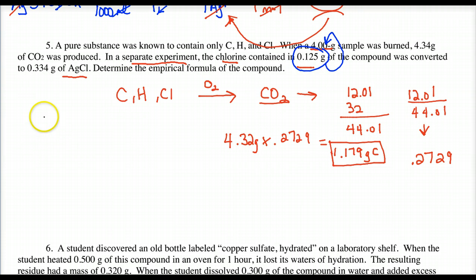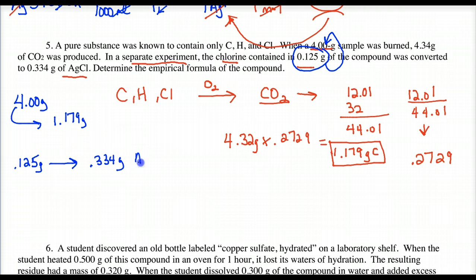So what we have is the 4-gram sample, and out of the 4-gram sample we got 1.179 grams of carbon. In another experiment, we have a 0.25 gram sample of the compound, and it was converted to 0.334 grams of silver chloride.